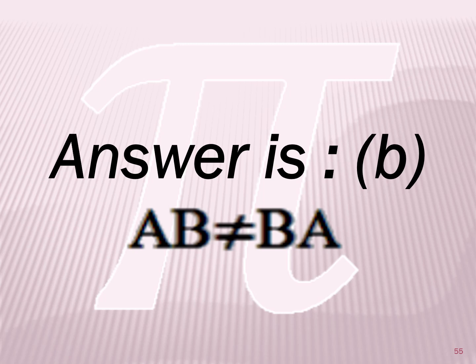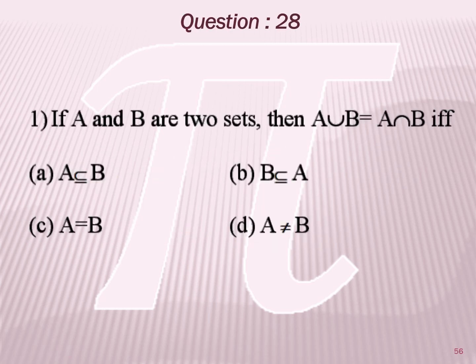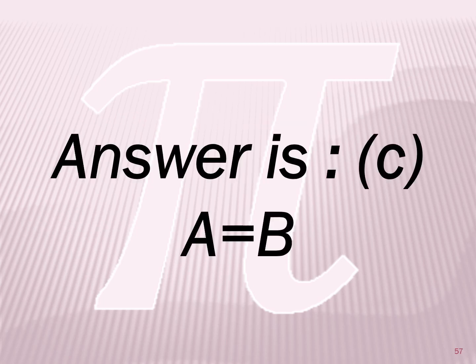For this question is option B, that is AB is not equal to BA. Question number 28 is on your screen. Answer for this question is option C, that is A is equal to B.